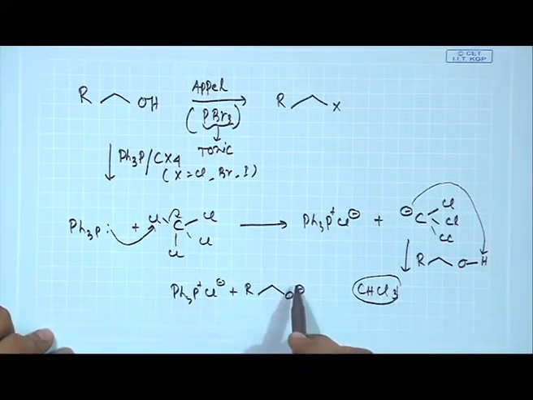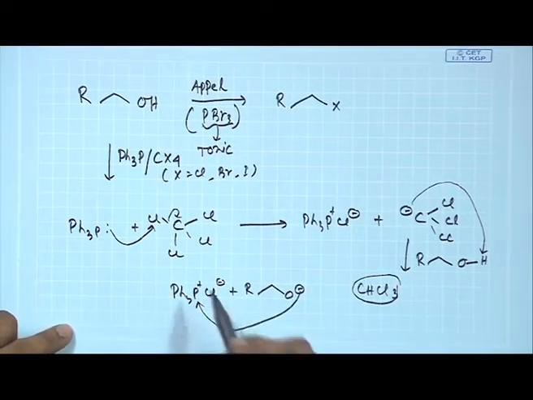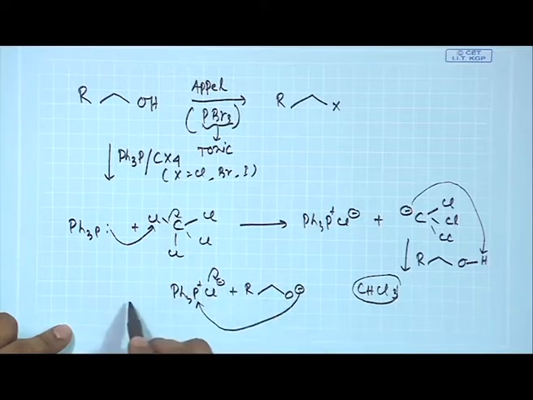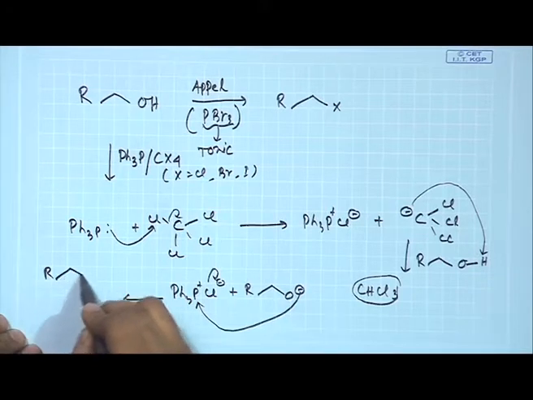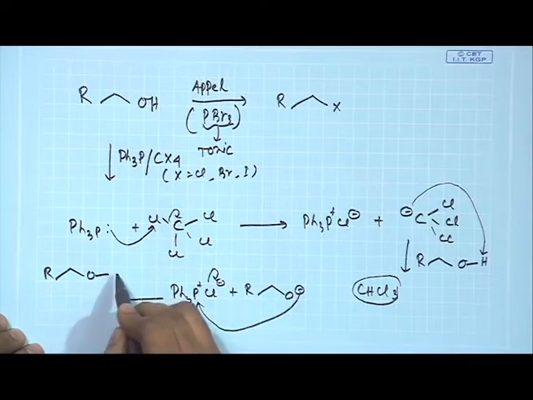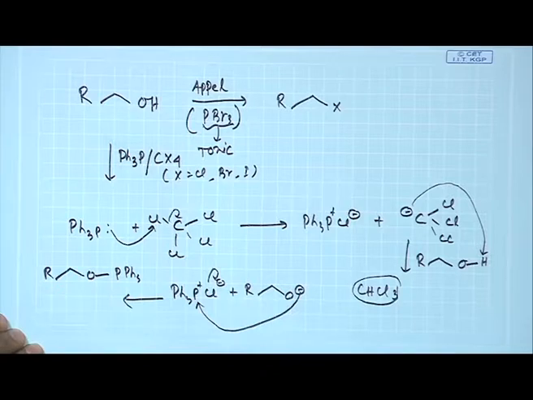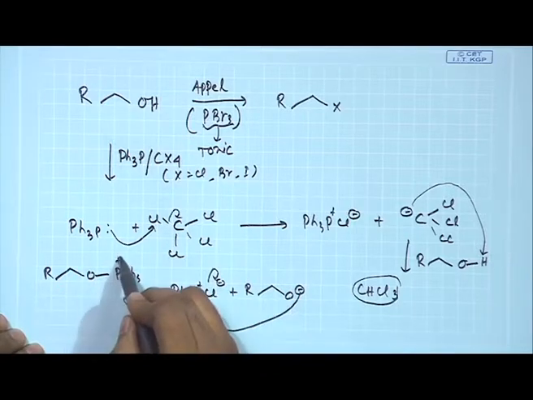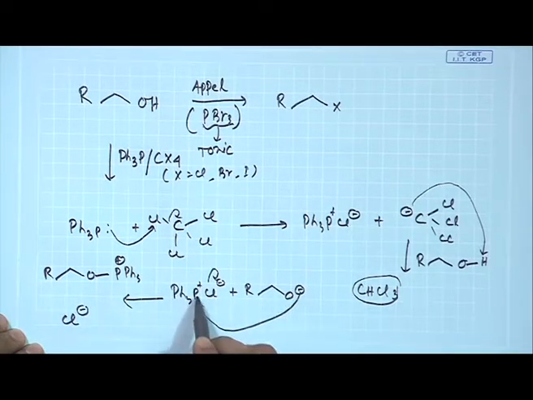Now, this O minus attacks this phosphorus with the loss of a chlorine atom, and it gives you RCH2O-PPh3 plus. Fine. Now, the Cl minus has been expelled by the alkoxide attacking the triphenyl phosphine.